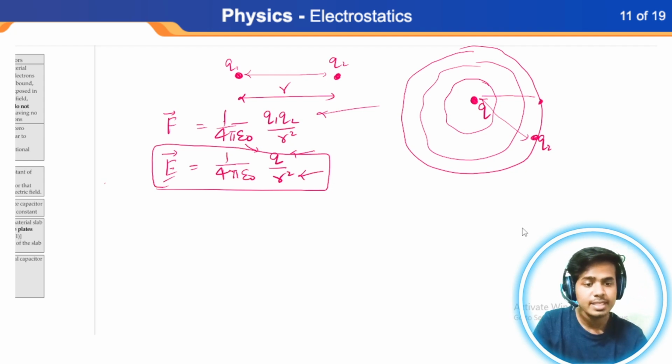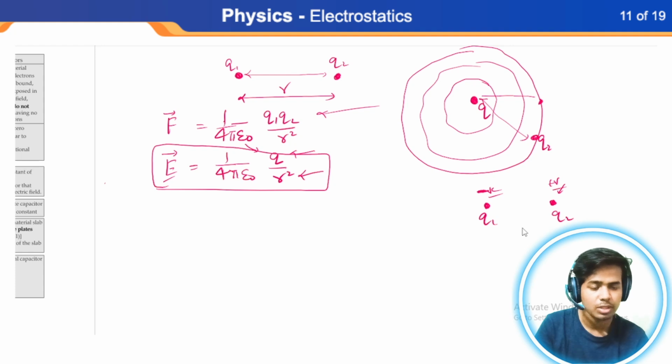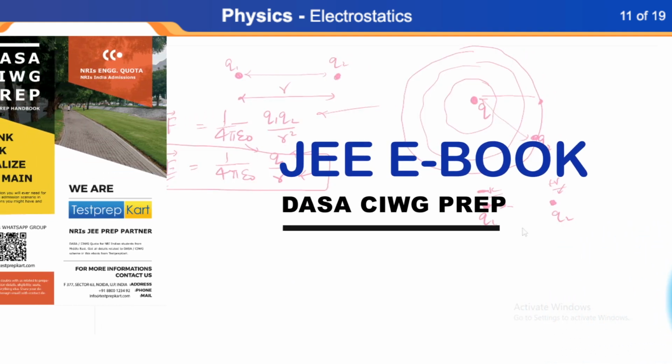But here, let's say there are two charges Q1 and Q2. Now if I fix Q2, and they are both positive, let's say, or maybe one negative, this one is negative, this one is positive, then what is happening is, if I leave this one, after some point it will gain some acceleration, right?